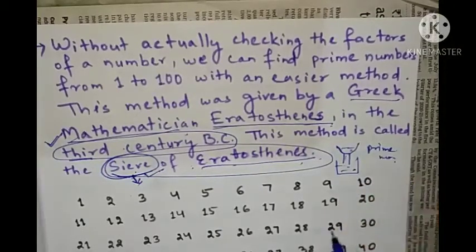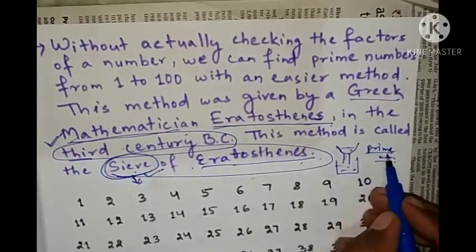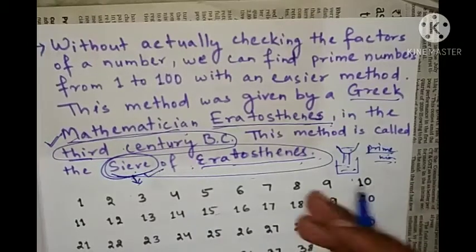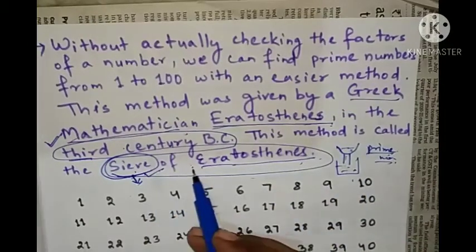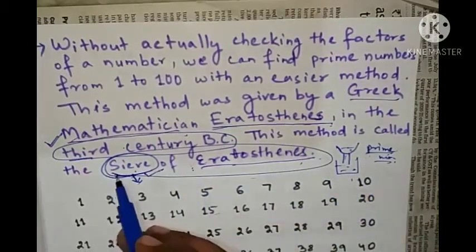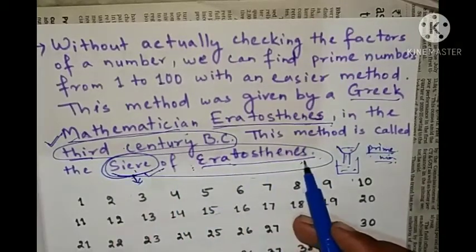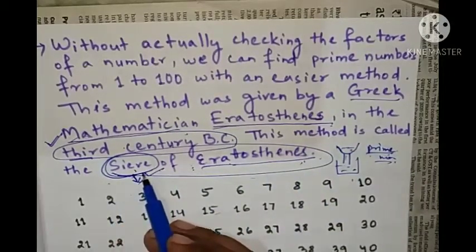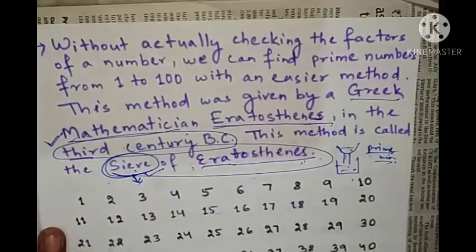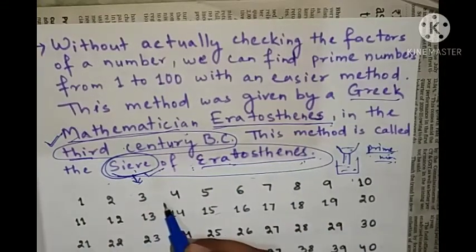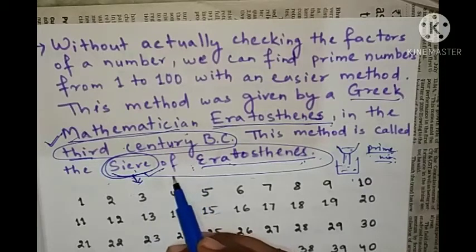Okay, so he is separating prime numbers from composite numbers in his method, that is the sieve of Eratosthenes. Here we'll see how we can find out the prime numbers and composite numbers with the help of that method, known as the sieve of Eratosthenes.